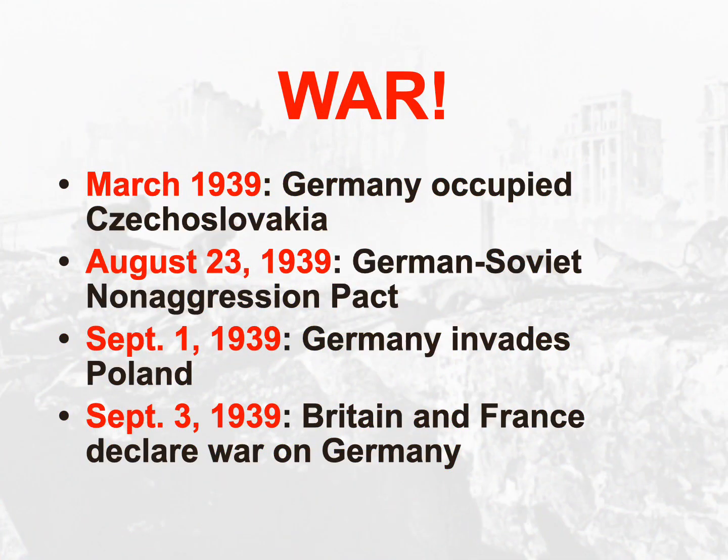And that invasion of Poland will then trigger the beginning of World War II, because now Britain and France have no choice but to declare war on the German government.